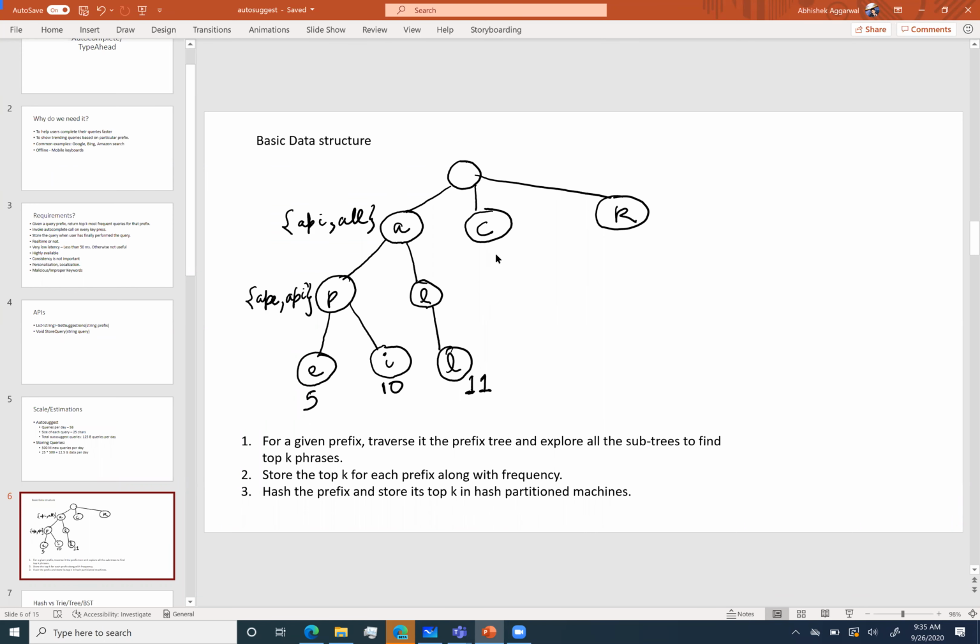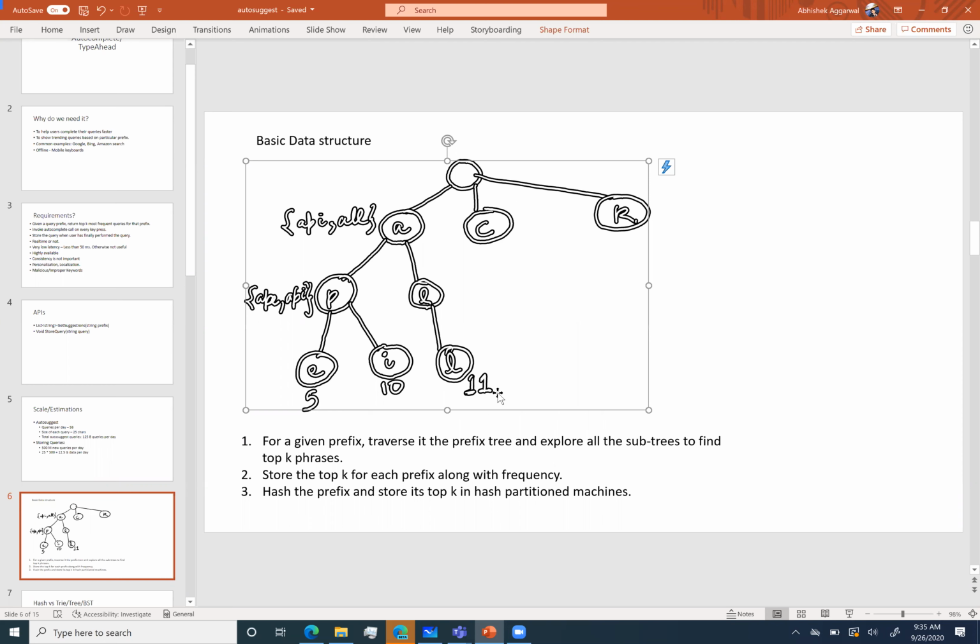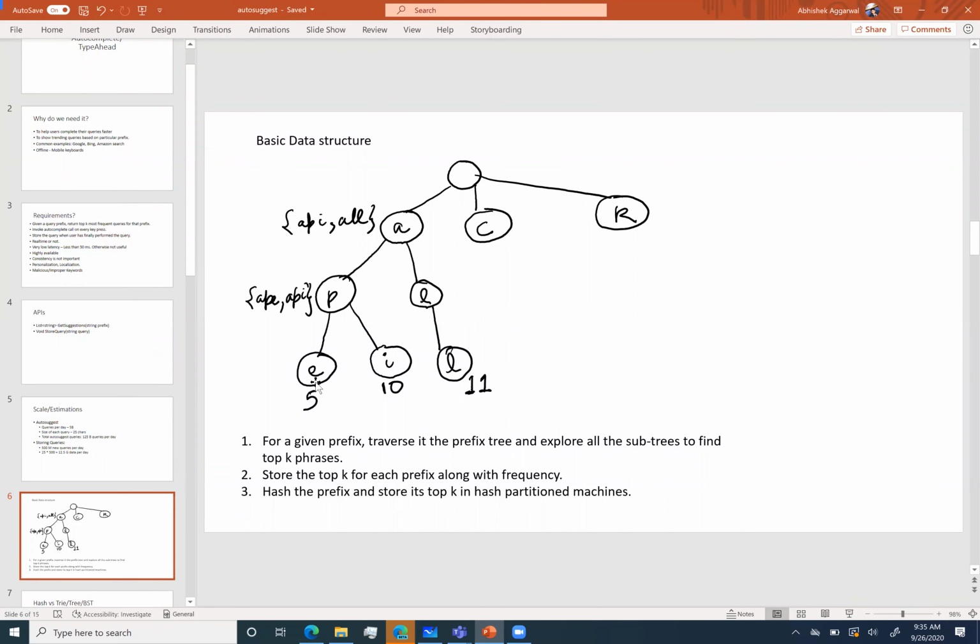Now when you want to use autosuggest, if a user has typed a, you have to go through the entire subtree and find what sentences start with a. Then from there you pick the top K most frequent. Let's say my K is 2. For a, I see that ape has frequency 5, api has 10, and all has 11.